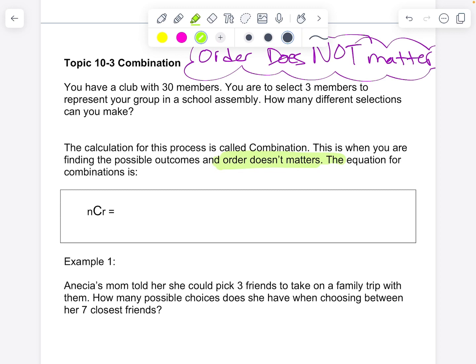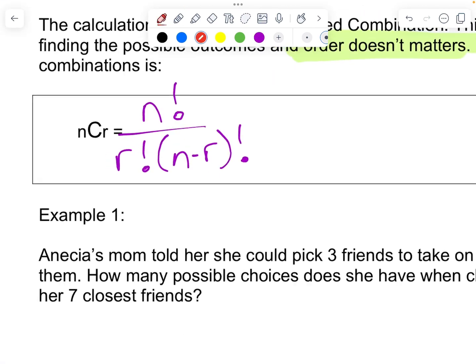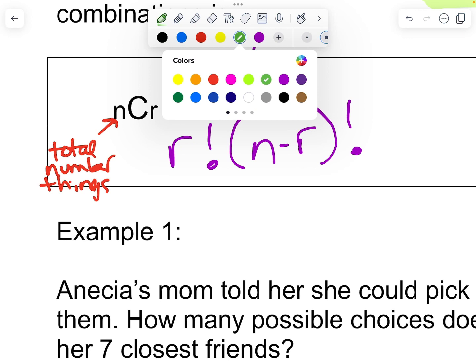The equation for combination is n factorial over r factorial times n minus r factorial. N and r mean the same things as they did whenever we were doing permutations. N is our total number of things or objects.